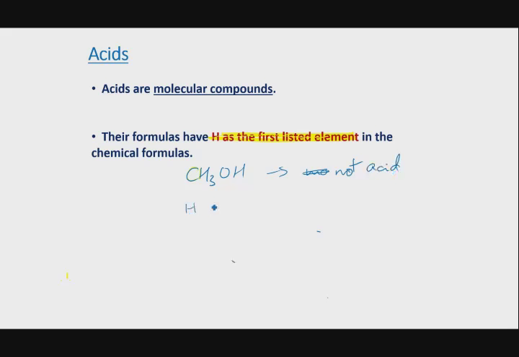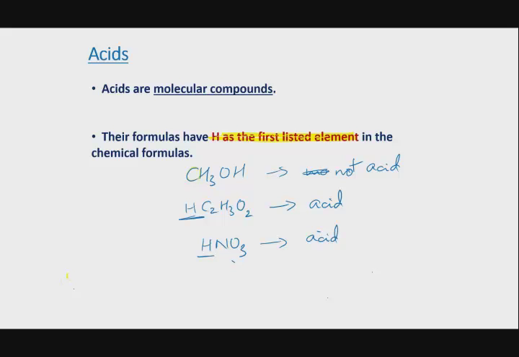However, if we write this, it is considered to be an acid because, again, for the purpose of our class, this will change later on. How about this? It is also an acid because it has the H as the first listed element. So we will follow those trends, those guidelines, when we represent acids.